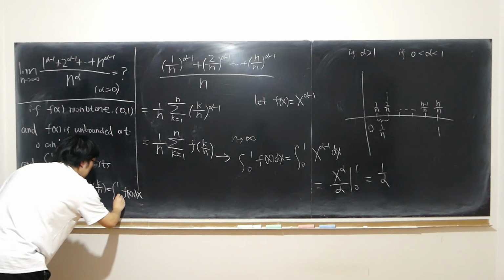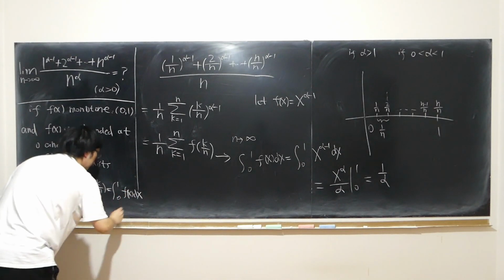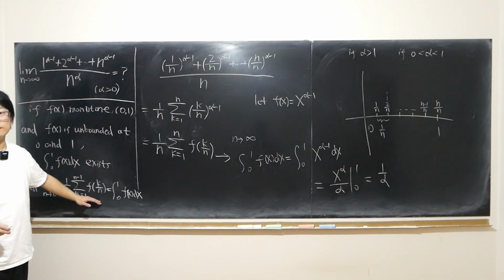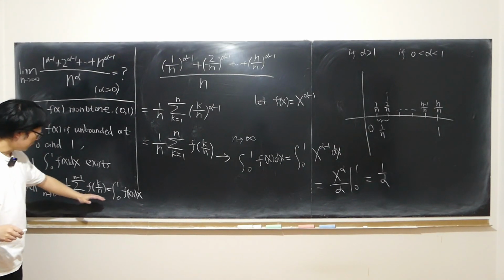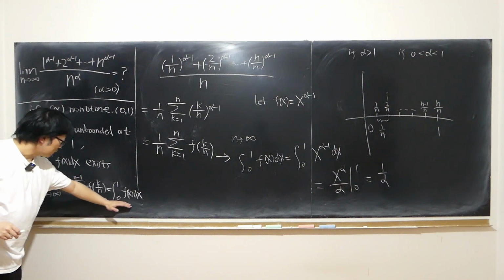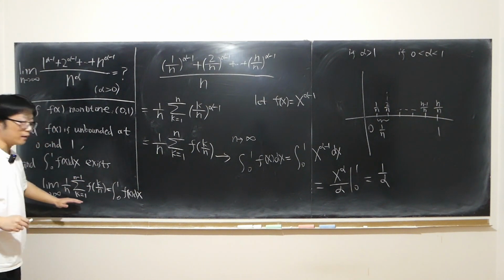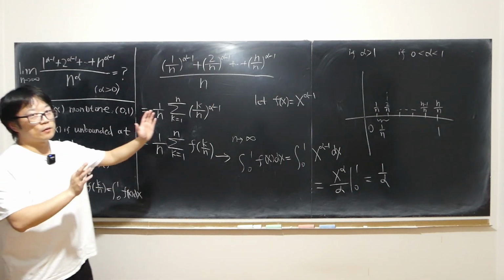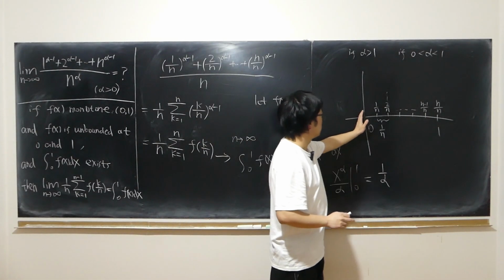So if this condition is satisfied, then we can apply this definition of Riemann sum, as with the standard Riemann integral as usual, even though it is unbounded at these two points.